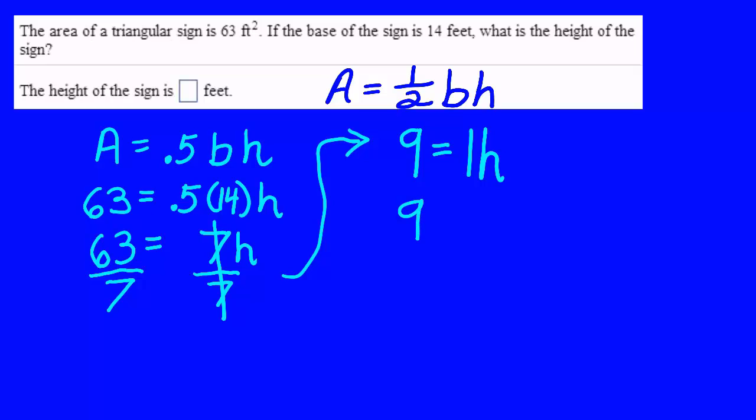So the height is 9 feet. Notice that the height is measured in feet, the base is measured in feet, but the area is measured in square feet. Area is always measured in square dimensions.